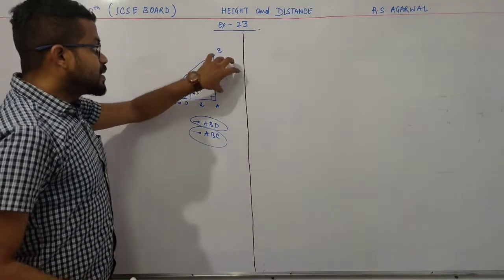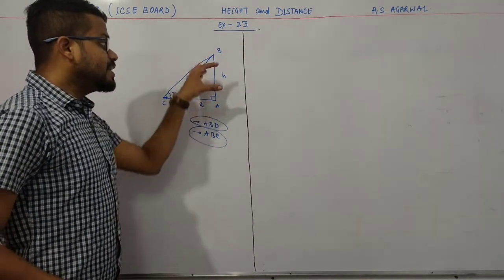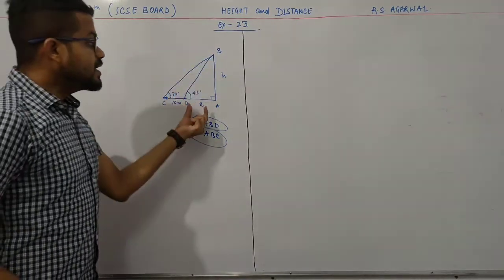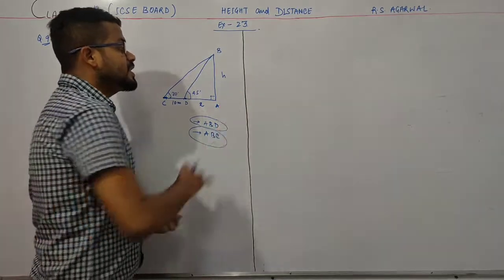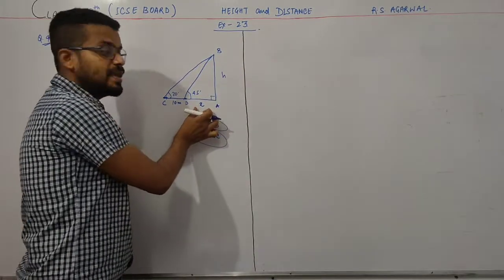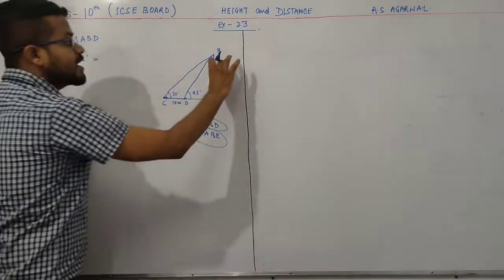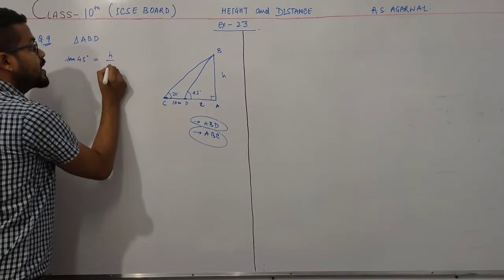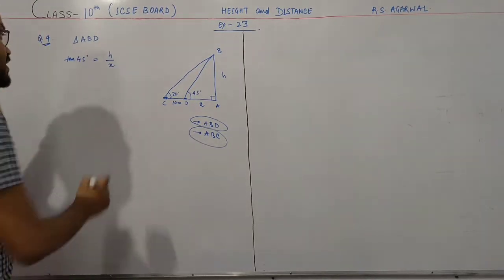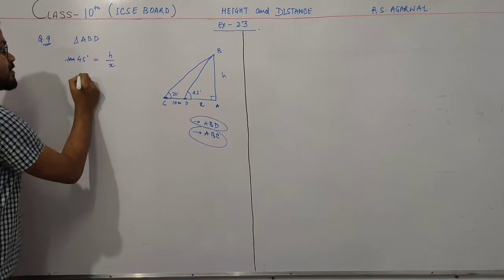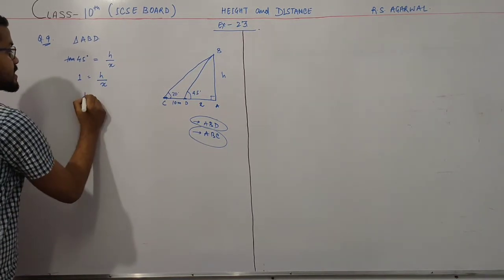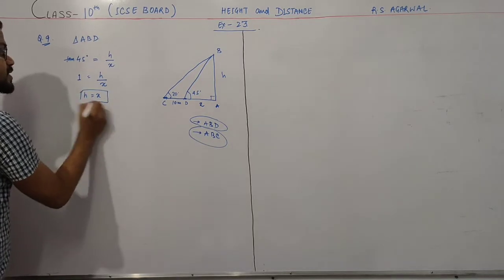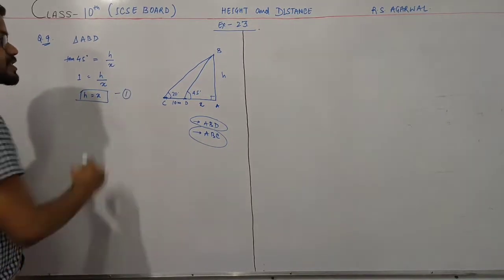Because tan is perpendicular upon base, and in the question this is the perpendicular and this is the base. So tan 45 degrees is h by x. The value of tan 45 degrees is 1, which equals h by x. So h equals x. This is the first equation.